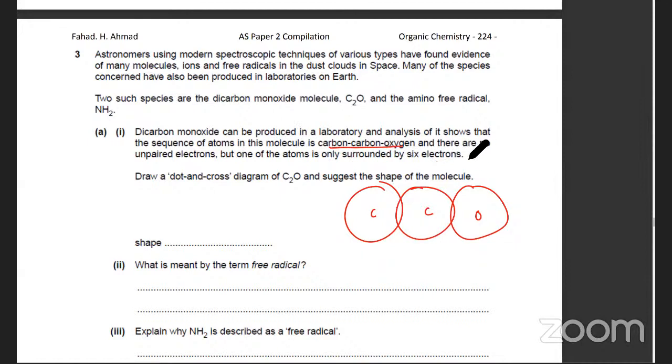So remember, no unpaired electrons. Now carbon makes double bonds. It's going to form a double bond here with oxygen, and a double bond here with this carbon. Oxygen will have 4 electrons left, and carbon has 4 electrons.